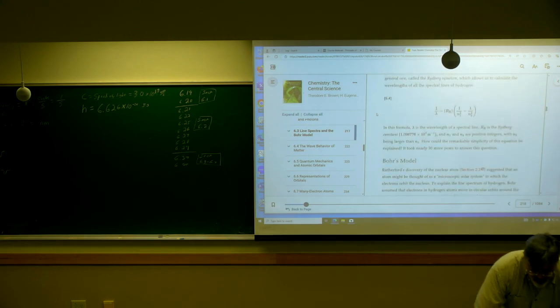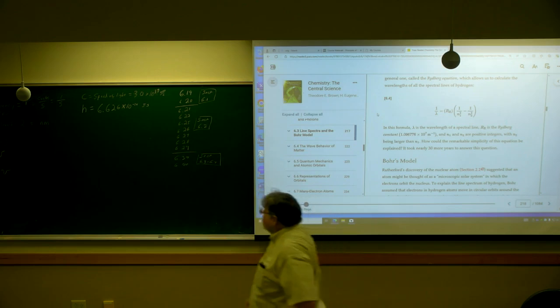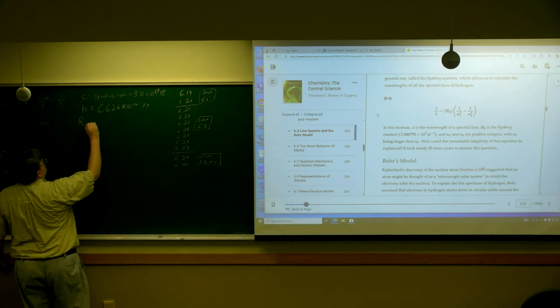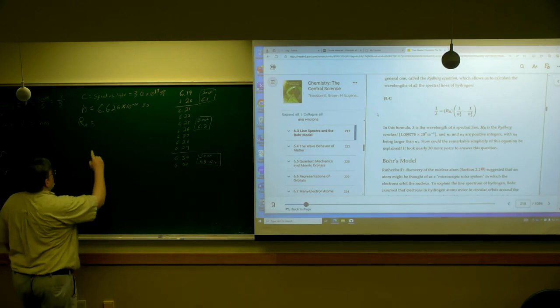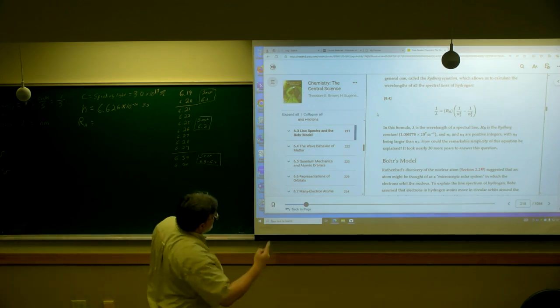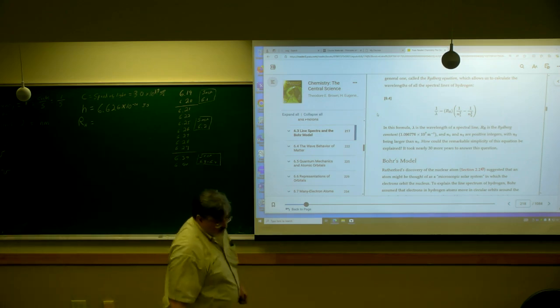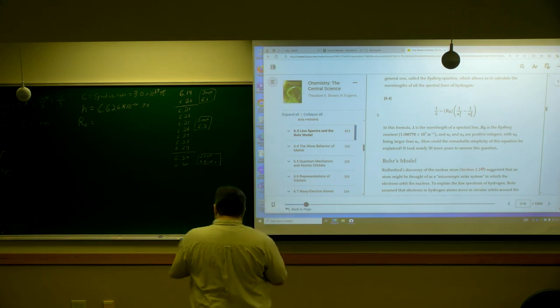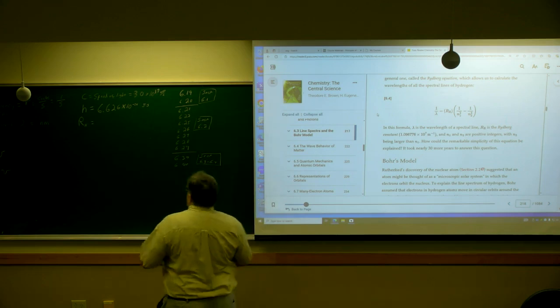This is the other equation. It introduces another constant. This is called the Rydberg constant. Again, describing where all these come from, I just never think it's really worth the big discussion. So R_H, I've got that one written down, don't I? 1.09, yeah.